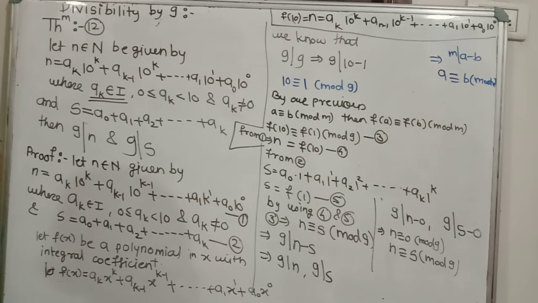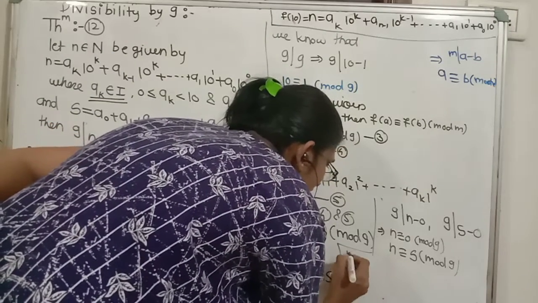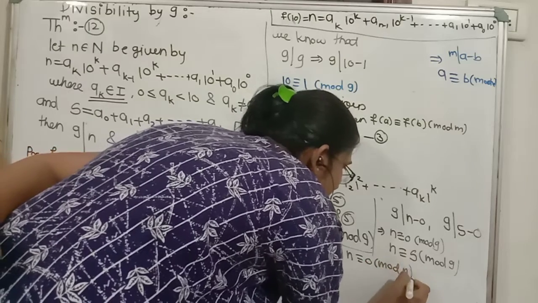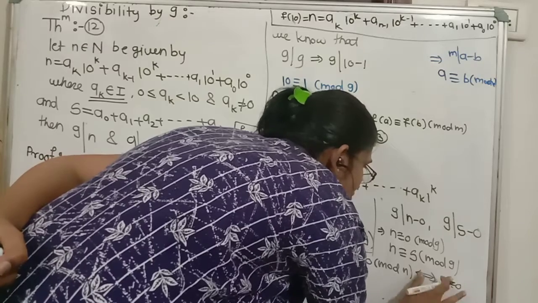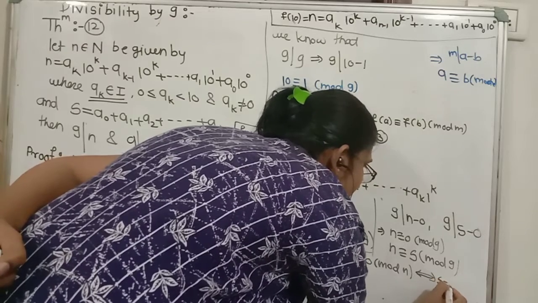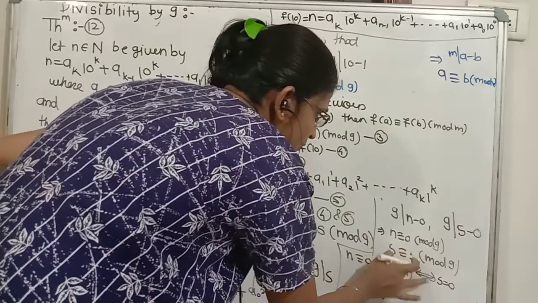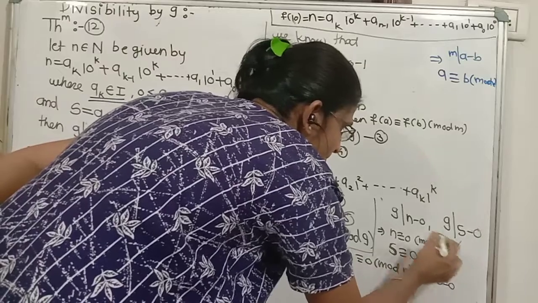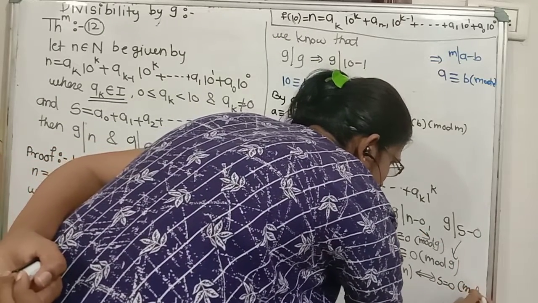So we say that n is congruent to 0 with mod 9 if and only if s is congruent to 0 with mod 9.